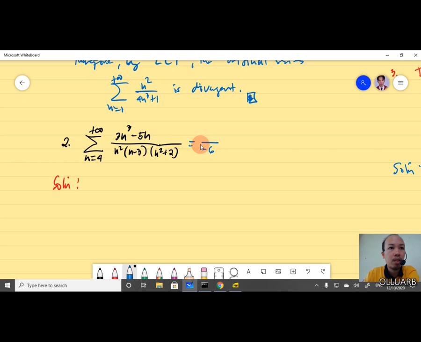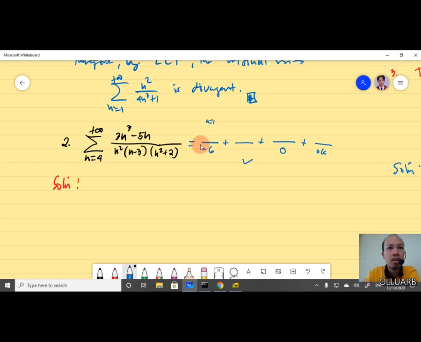When n is equal to 1, okay. When n is equal to 2, okay. When n is equal to 3, we have a 0 denominator, not okay. When n is equal to 4, okay. So meaning to say, in this term here, we have a problem when n is equal to 3.